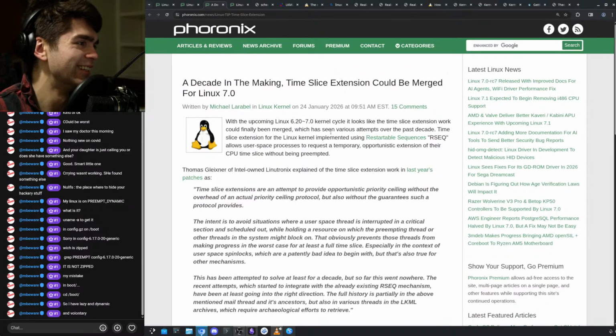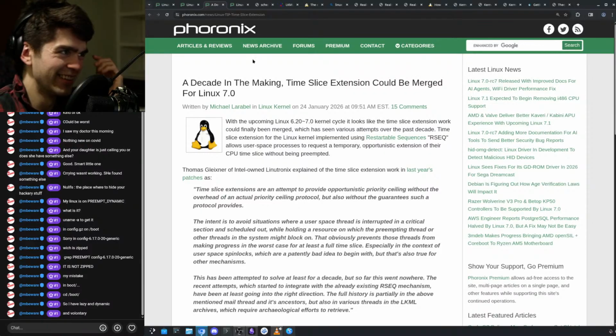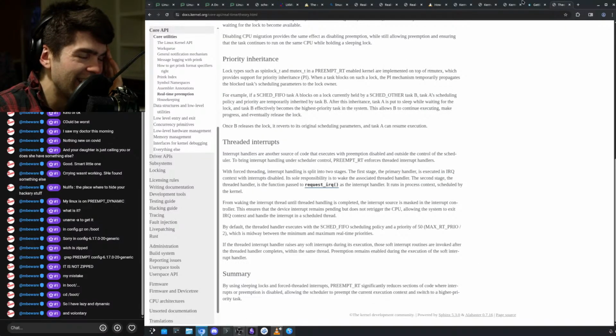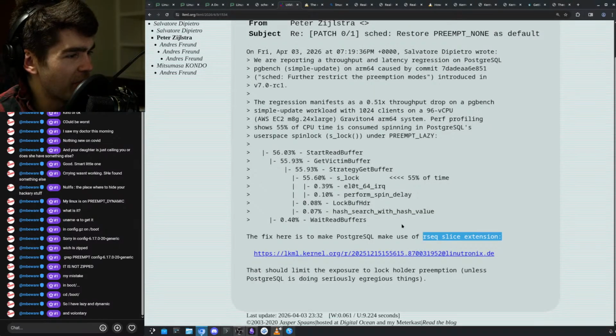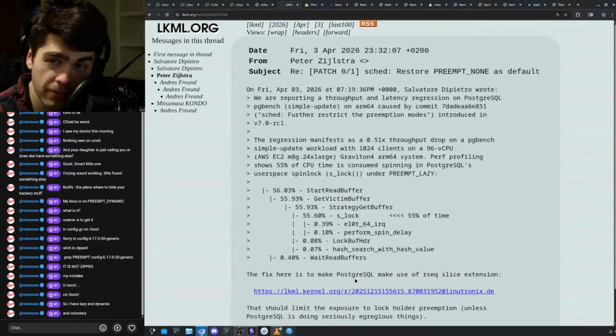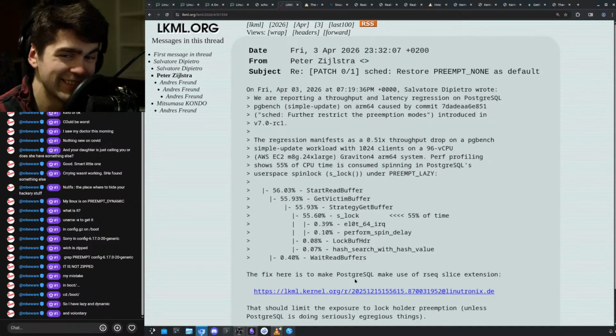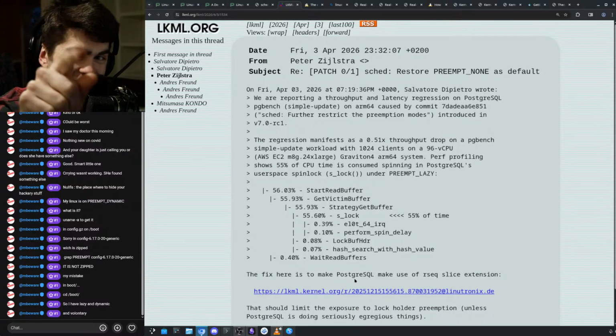Bro. What? Can we be real for a moment? This guy is seriously saying, you've got a 50% regression on your software there. You should have used a thing that didn't exist yet.